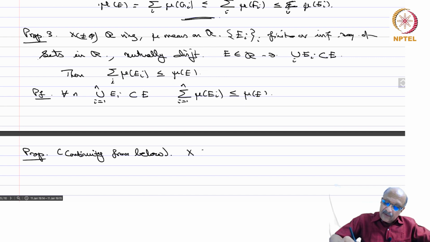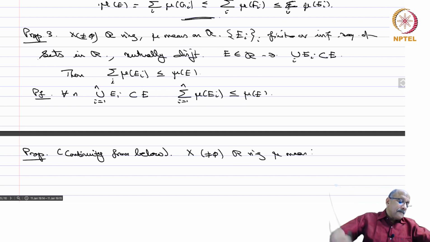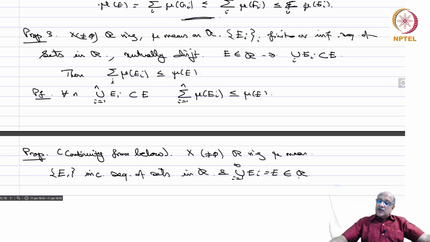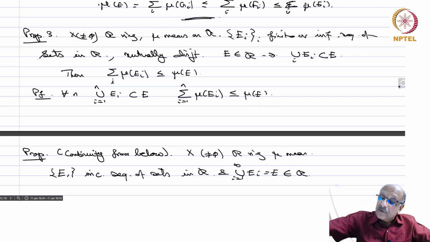So X non-empty, R a ring, mu a measure. Now E_i is an increasing sequence of sets in R, and the union of E_i, i equals 1 to infinity, equals E, also belongs to R. Again, if you are in a sigma ring, I don't have to make this extra statement, that's obviously true.